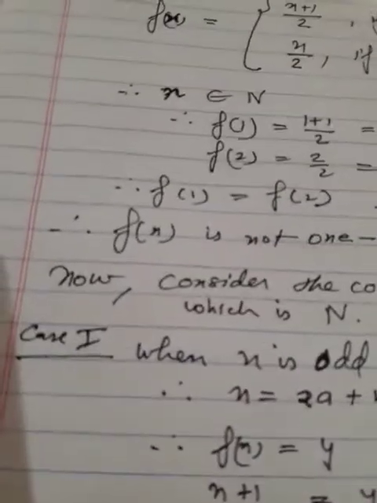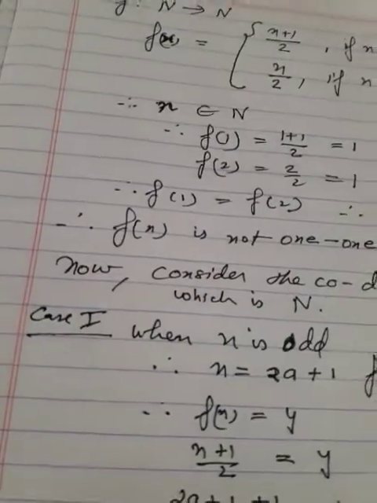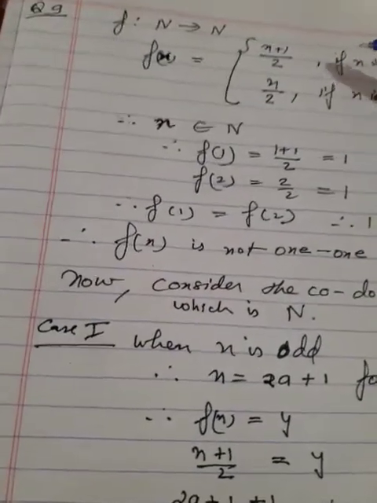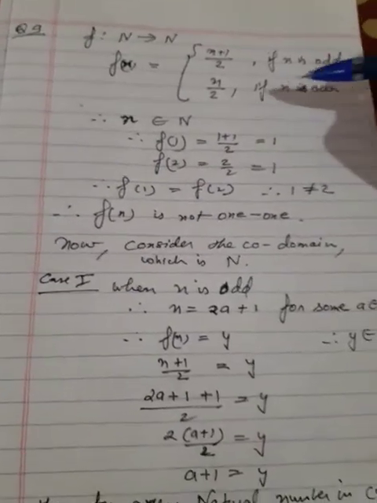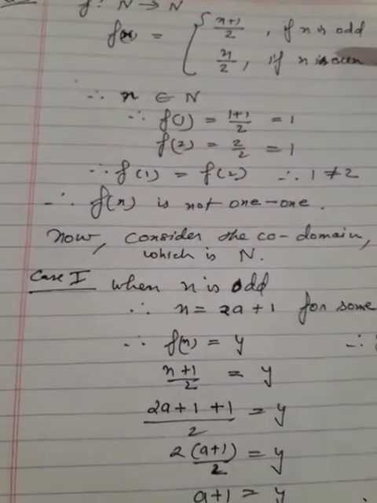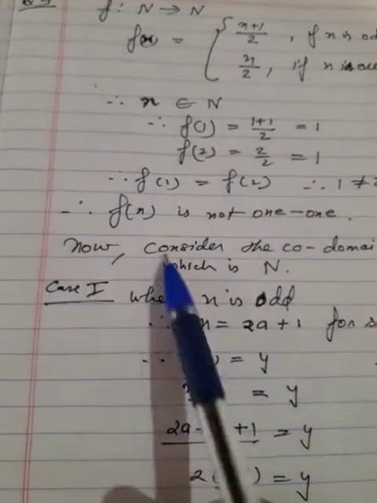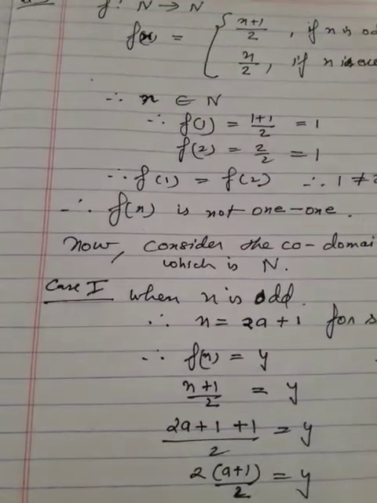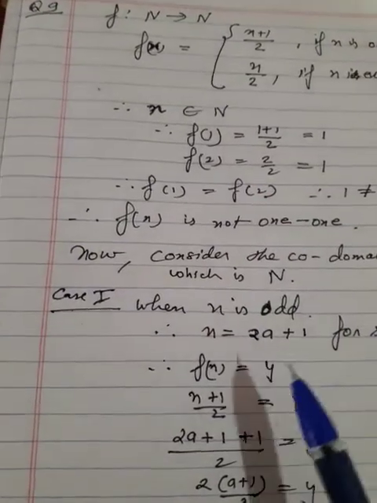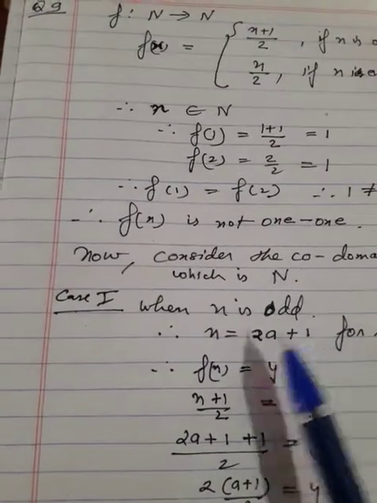Now for onto, there are two cases. The function is defined in two ways: one for when n is odd and another for when n is even. So we are taking the first case, when n is odd. As we know, any odd number can be represented in the form 2a plus 1.